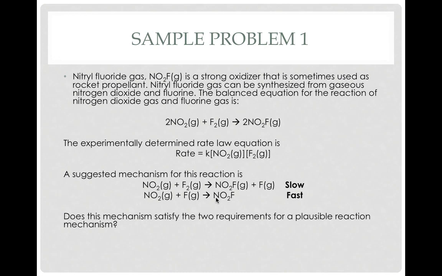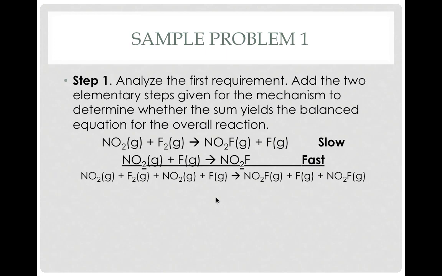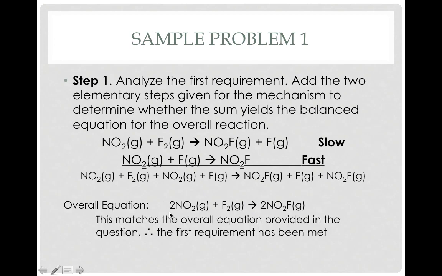So in here, we needed to answer and say, if we add up these two elementary steps, does it match the overall balanced equation? So if we go through and we add them together, we're going to see that we do actually get a match for the overall equation.